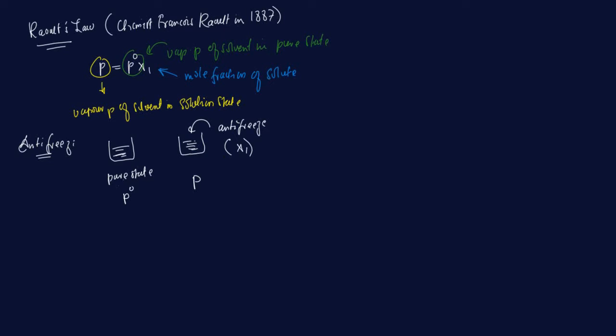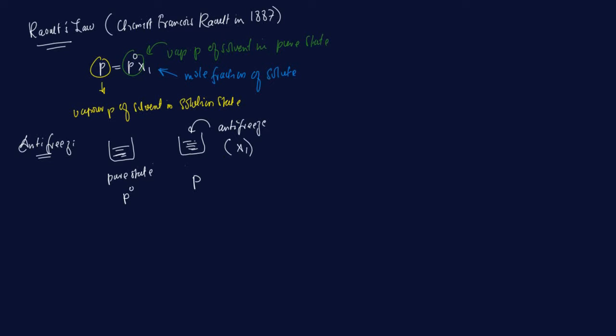Generally we can say that when the water is in pure state, it can easily evaporate, or it has a vapor pressure that is greater than the vapor pressure of the same water once it makes a solution.